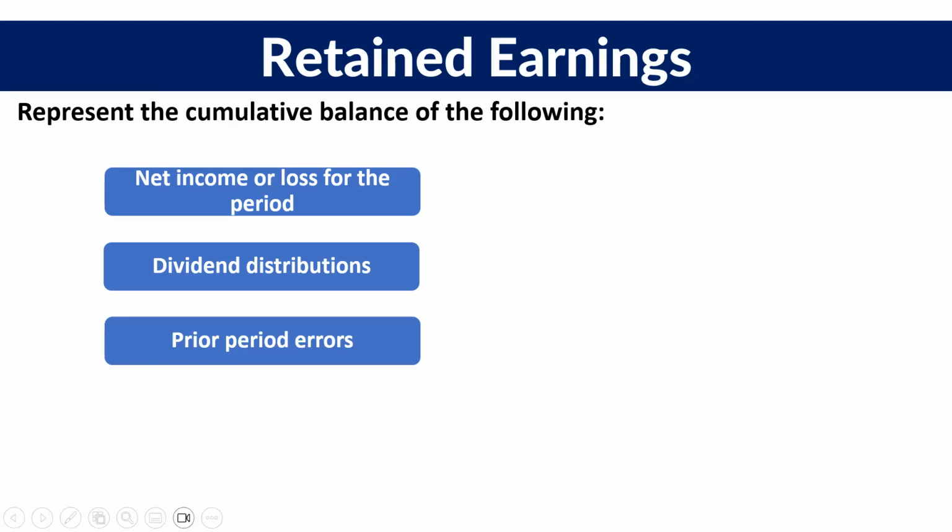Next is the prior period errors. I would say that retained earnings becomes the window of the past ng isang corporate form of entity. For example, prior period errors are when an error was committed in the past or in the prior periods and it was only discovered in the subsequent years, na na-close na yung period kung kailan na-commit yung error.